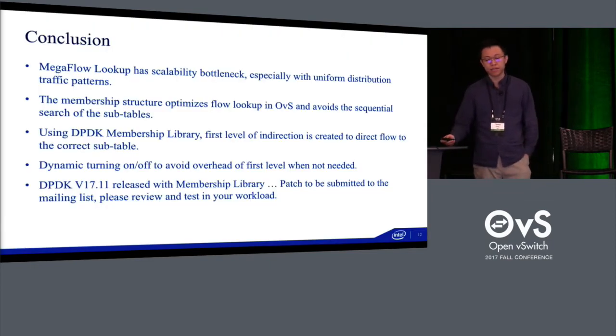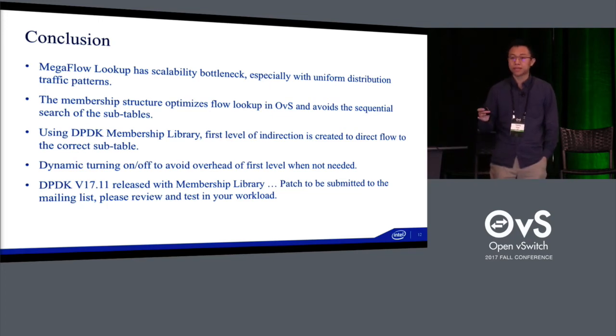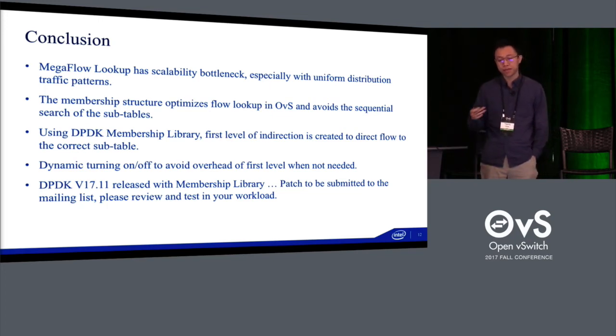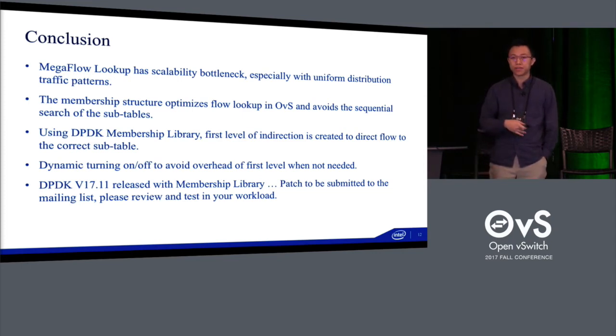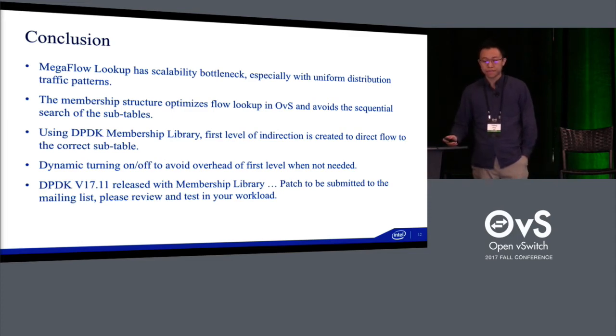As a conclusion, Megaflow lookup has some scalability issues, especially with the uniformly distributed traffic pattern. We use the membership library to optimize this path and achieve 2 to 3x in certain cases. Basically, the idea is to add another layer of indirect table between the Megaflow cache and the EMC cache.